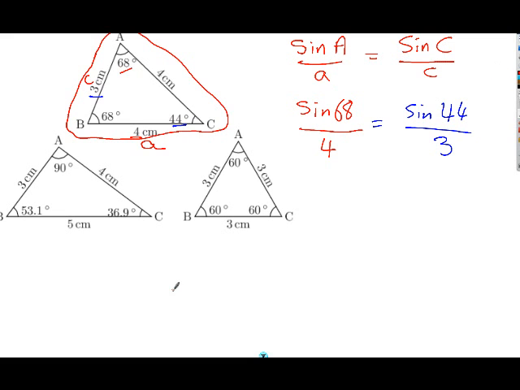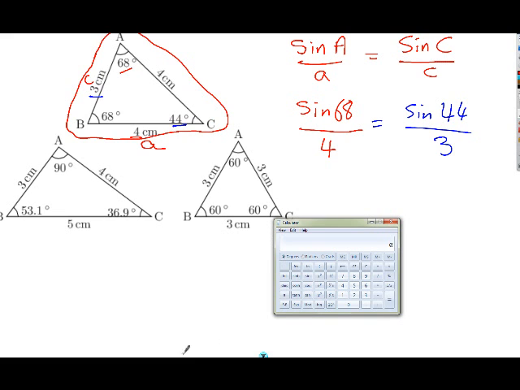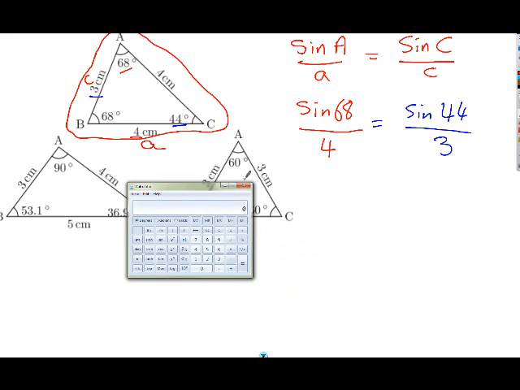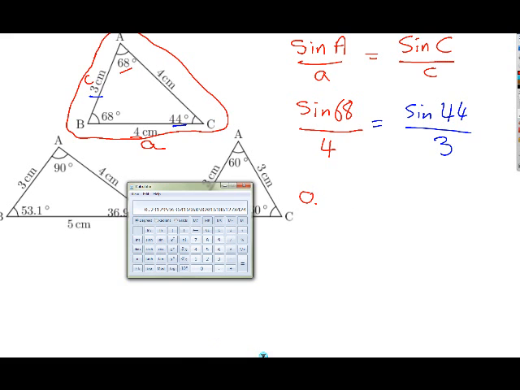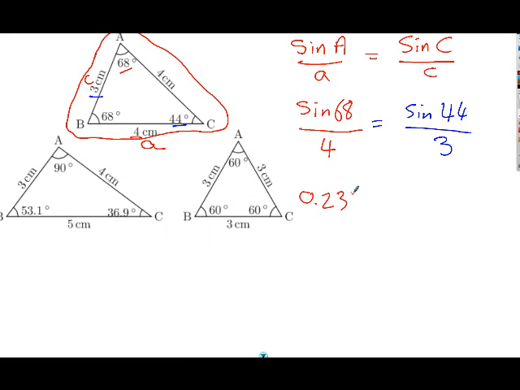So starting with sine A over A, if I bring up my calculator, 68, sine, then divide that by 4, I get 0.232 to 3 decimal places.